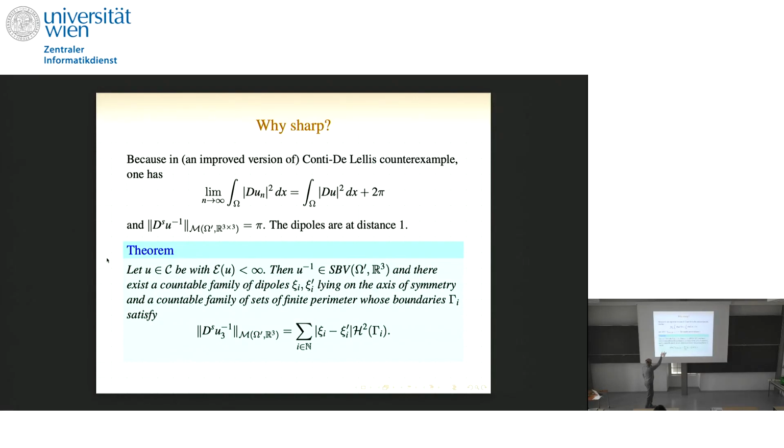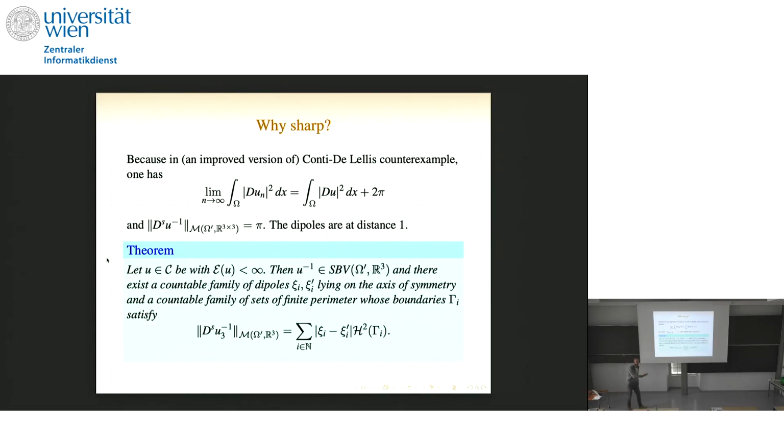Okay, so if you do the computation, what you see is the grad u squared goes to 2 pi. More precisely, the pi is precisely the singular part of the limit. So for the Conti-De Lellis, the energy that we provided is the sharp one. Of course, our hope is that for any possible configuration, this remains sharp.